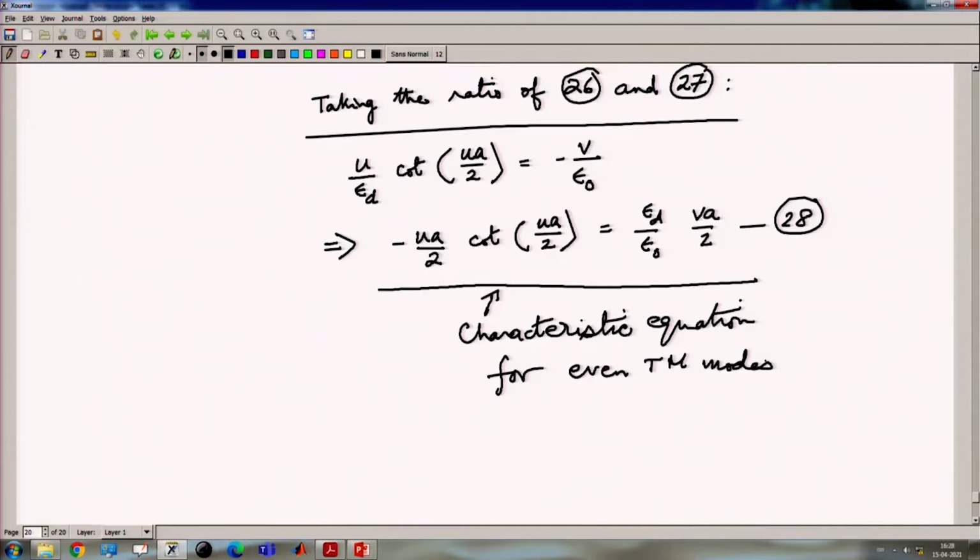So, there is a complete duality between the TM and TE modes of the slab waveguide. So, the characteristic equations of the TE modes are just dual to those of the TM modes.